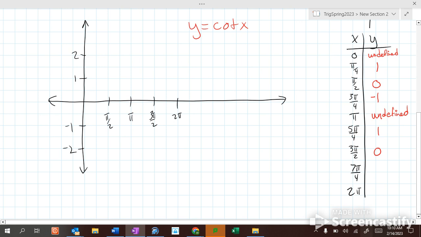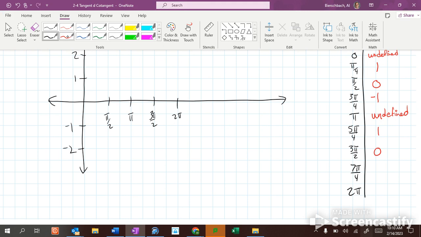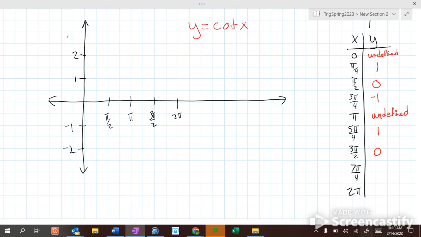And then 2 pi. So 7 pi over 4 is negative 1. And then we get to undefined again. So we have asymptotes on the y-axis here. At pi. That 2 pi.